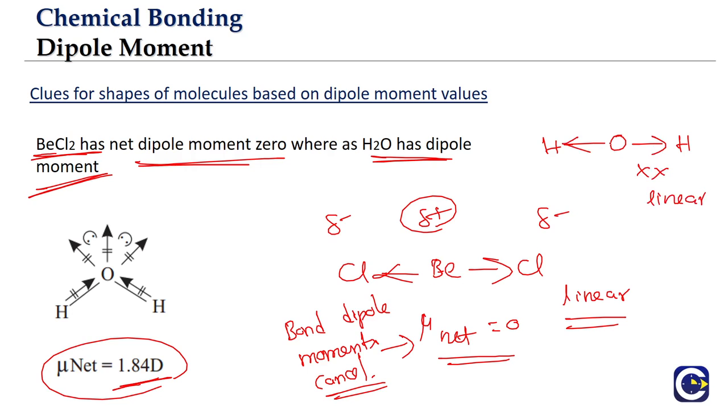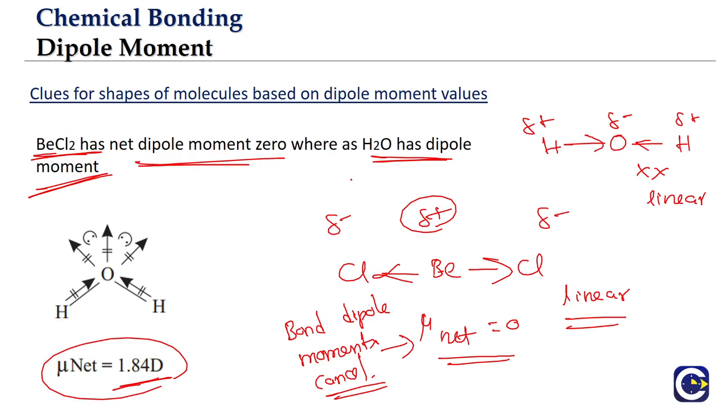In the oxygen-hydrogen bonds, oxygen is partially negative and hydrogens are partially positive. Of course here we should have indicated the directions differently. In chemistry convention, the dipole moment is directed from the positive charge to the negative charge.